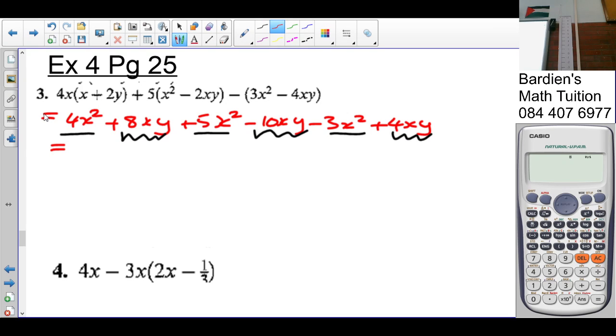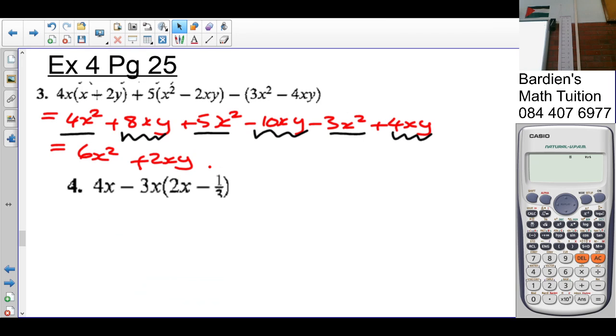So, what's 4x squared plus 5x squared? 9x squared. 9x squared minus 3x squared, 6x squared. You see I'm adding like terms. 8xy minus 10xy is negative 2xy, plus 4xy, plus 2xy. So your mistake was you didn't add like terms. You must always add like terms. You can never make a mistake like that.